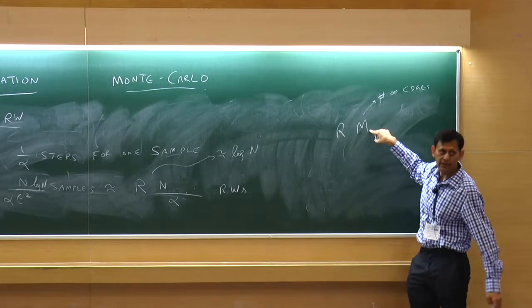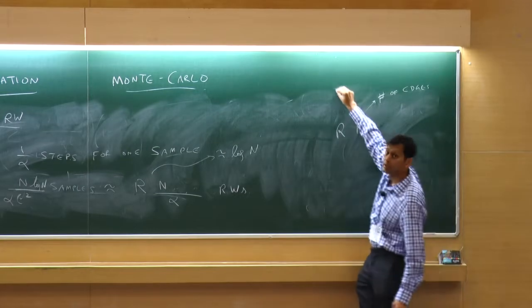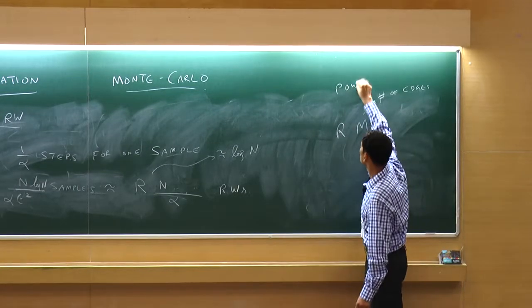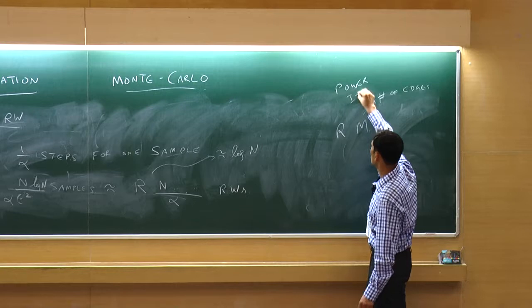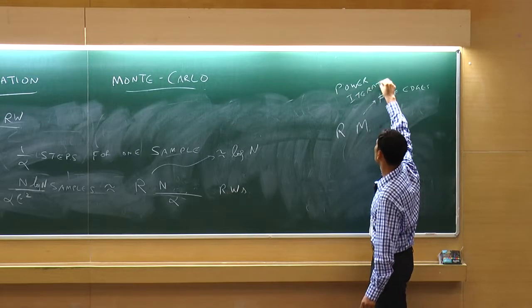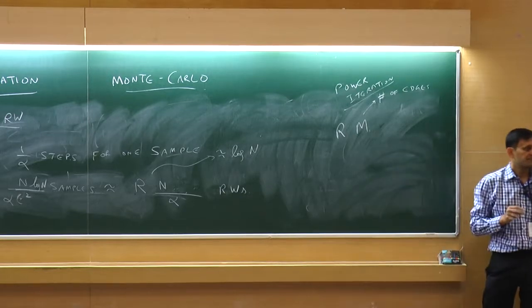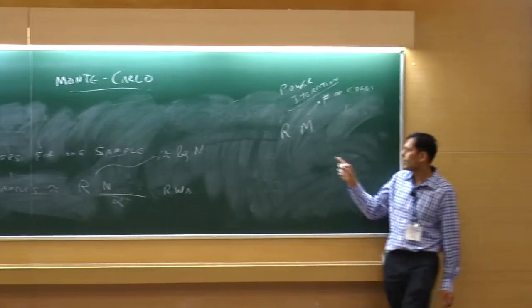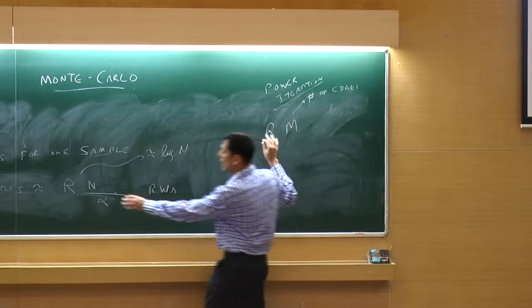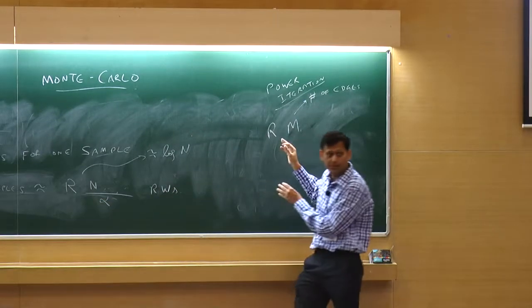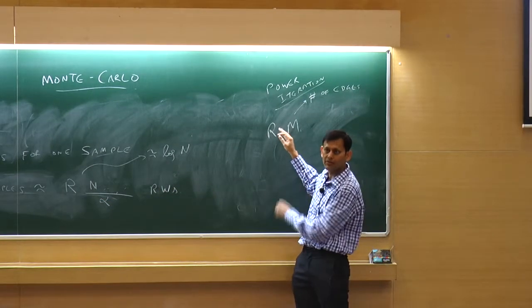Is it clear why the running time of power iteration was R times m? Because you're doing these two R's, even though they're slightly different things in terms of log n, I'm going to think of them as roughly being the same.